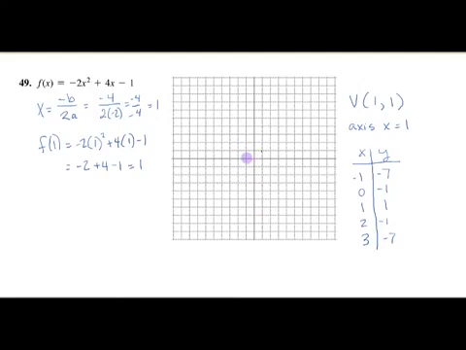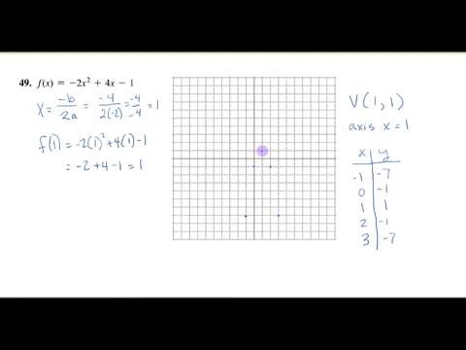So I have a negative 1, negative 7, and I have a 0, negative 1. I have a 1, 1. I have a 2, negative 1, and a 3, negative 7.